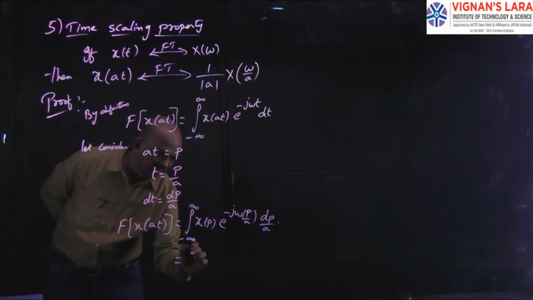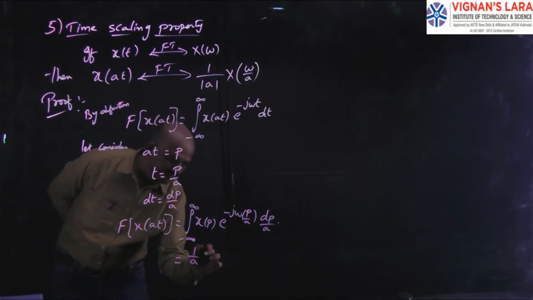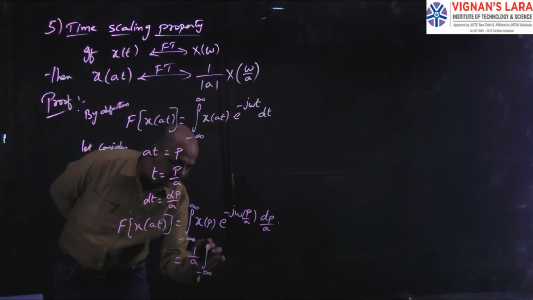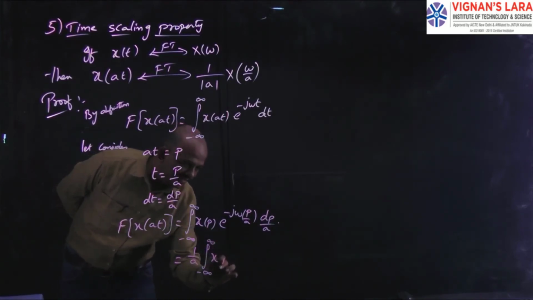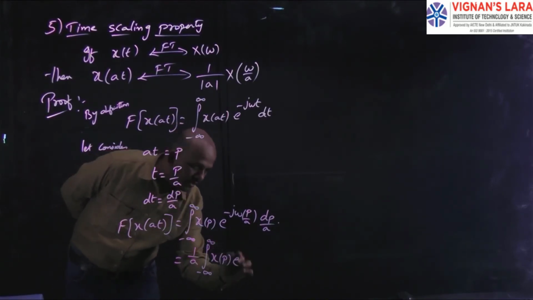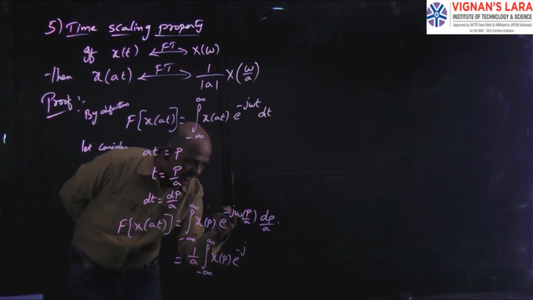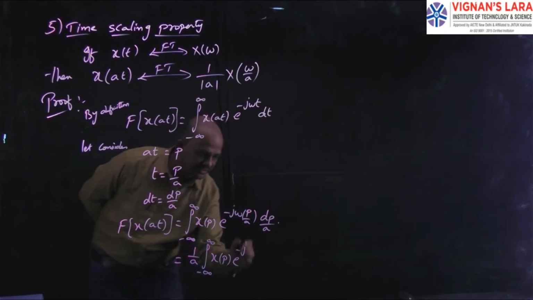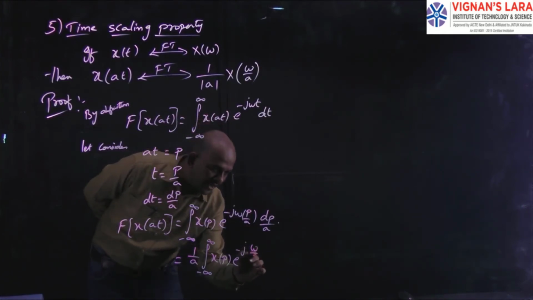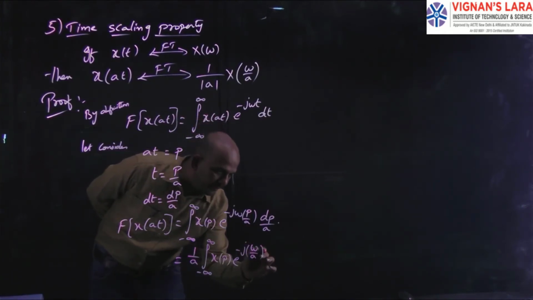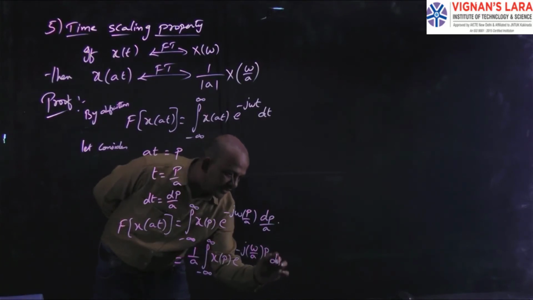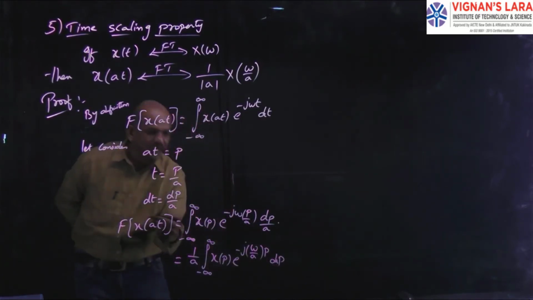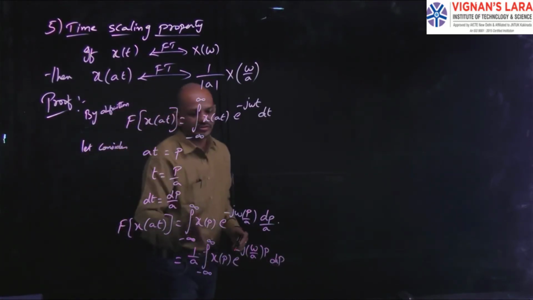So simply that is 1 by a, integral minus infinity to infinity x of p e power minus j into omega by a into p dp. Here I write the a outside the integral because it is a constant.